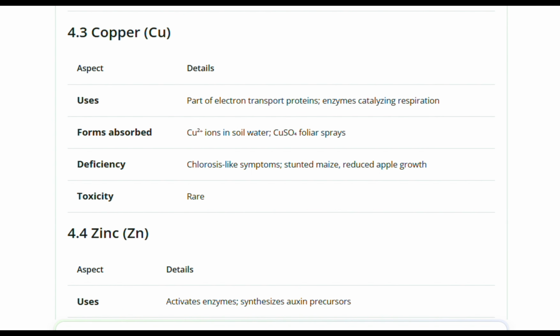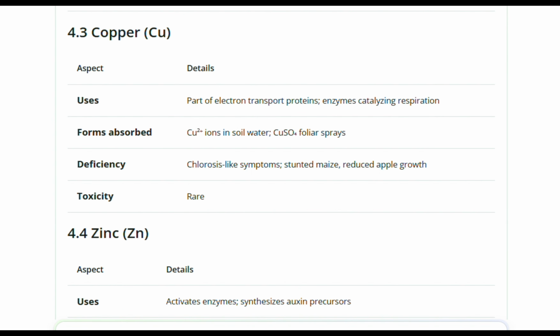Basically we can see the deficiency for manganese is young leaves chlorotic, woody stems, brown necrotic spots in the middle of legume seed. And the deficiency for copper is chlorosis-like symptoms, stunted maize, and reduced apple growth.